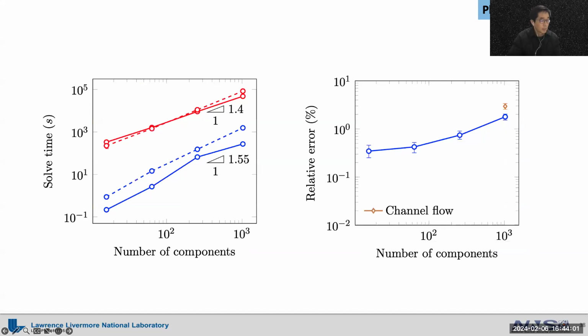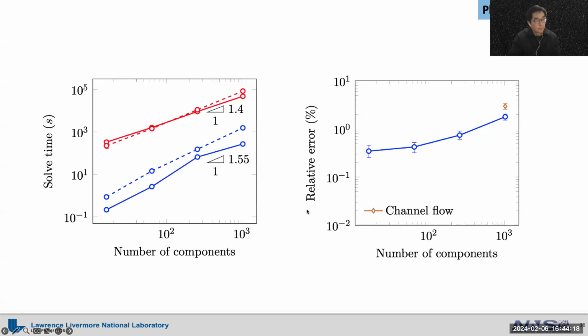This red line is when you solve that porous media problem with the monolithic finite element method, and the blue line is the solving time achieved by the component reduced model.